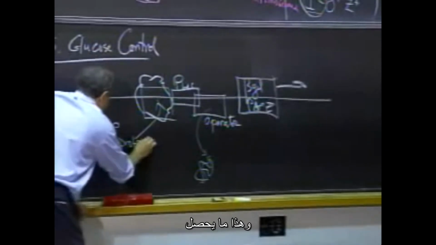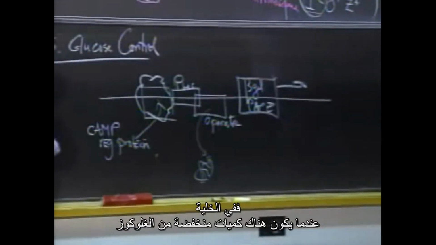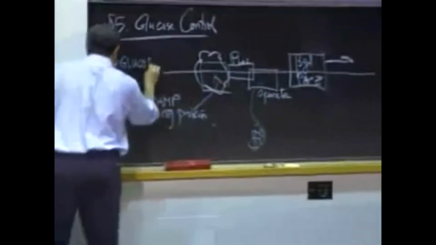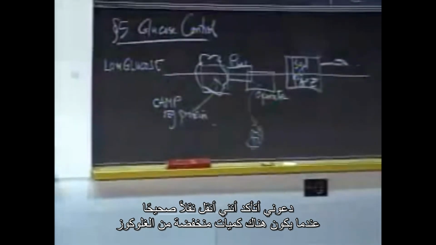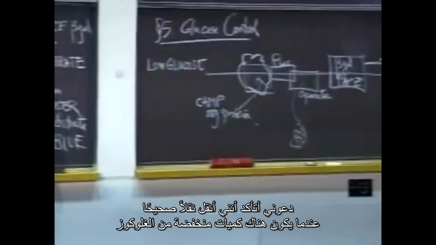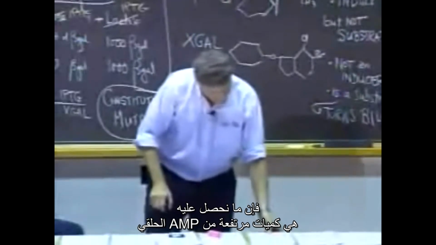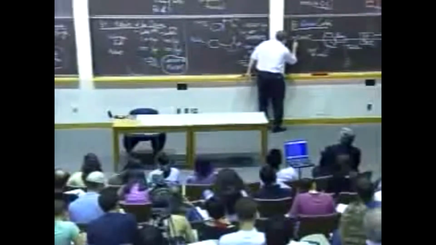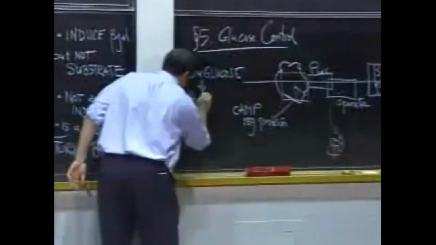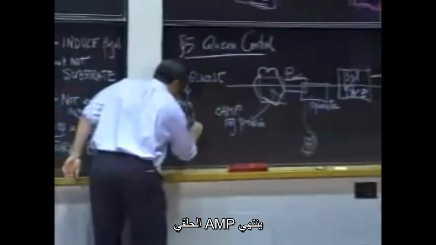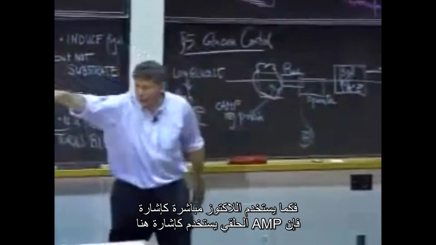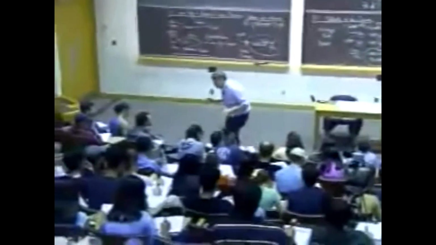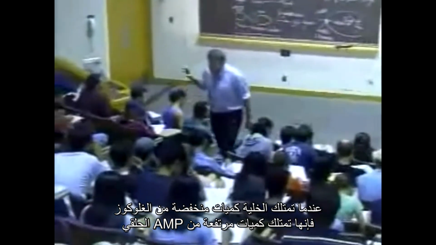And it so happens that in the cell, when there's low amounts of glucose, what we have is high amounts of cyclic AMP. Whereas lactose is used directly as the signal, cyclic AMP is used as the signal here. When the cell has low amounts of glucose, it has high amounts of cyclic AMP.